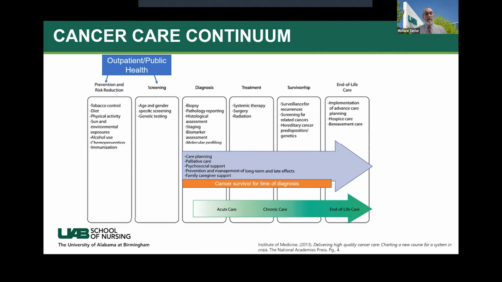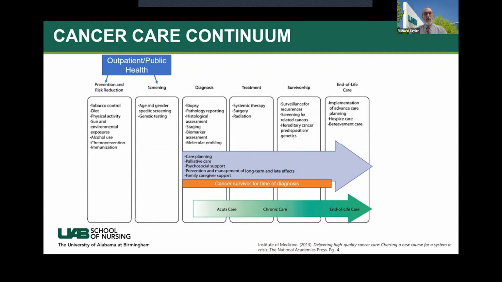Treatment, systemic treatment, and we've talked about that, or we will shortly talk about treatment modalities, including surgery, radiation, other types of treatment. Then survivorship, when they move from the intensive treatment into survivorship, that's where this particular cancer continuum is sort of set here.